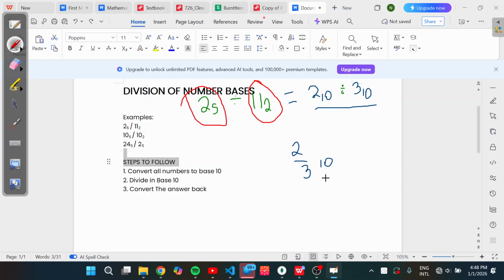So we're going to leave our final answer as 2 over 3 base 10. If the question didn't ask you to convert the answer back to a number base, you can just leave it as base 10. So we're going to stop here for this first question.